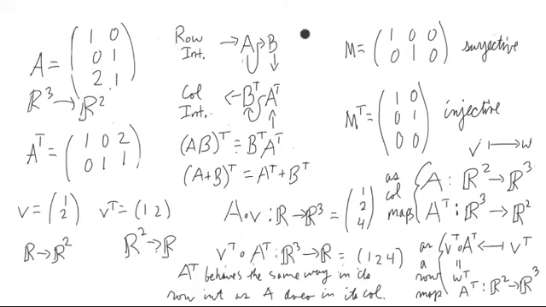All right, let's come over here to a matrix M, and suppose we put it in Smith normal form like this, and it's surjective. Notice its transpose is like this, and this represents something that's injective.